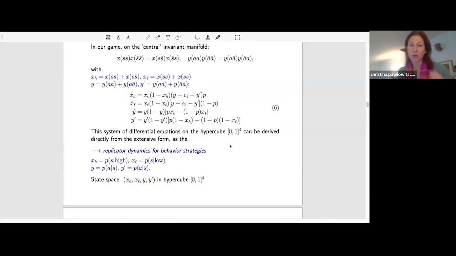And also importantly, this result is true not just for the very specific payoffs that we have in our game. This comes actually from the extensive form that we have. So for any extensive form that one could write down, for any game that has the same extensive form, for any payoffs we could write at the end nodes of the game tree, the same would be true.